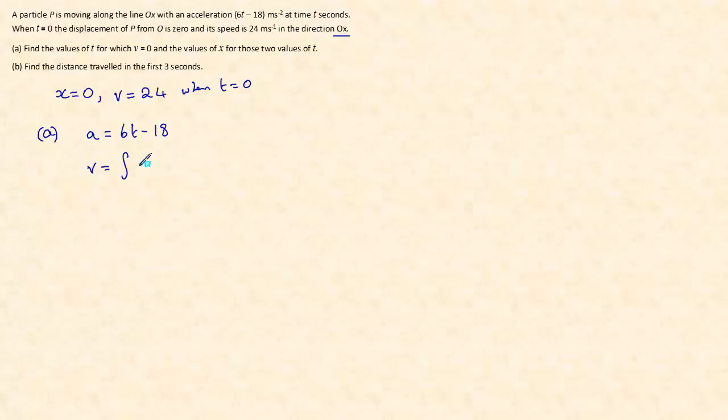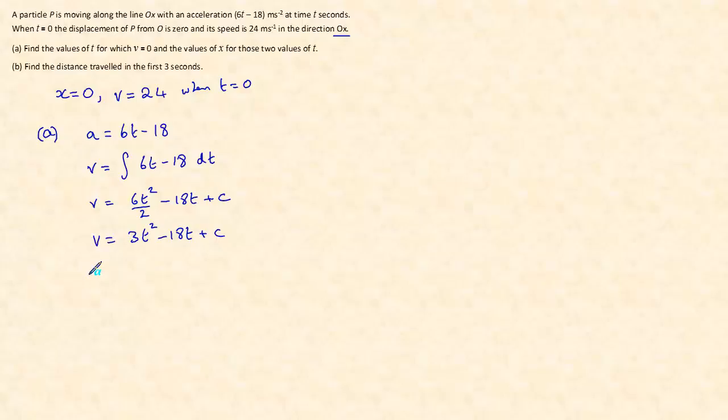So to get to v, we're going to integrate that, 6t minus 18 dt. So that's going to be 6t squared over 2, take away 18t plus a constant. Just tidying, that's 3t squared minus 18t plus a constant.